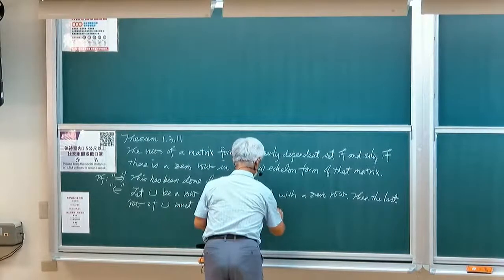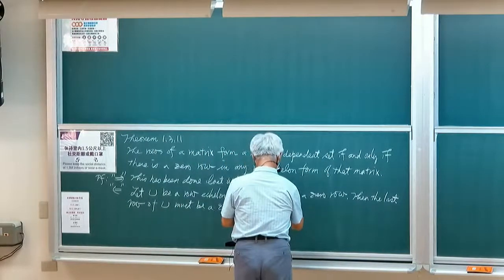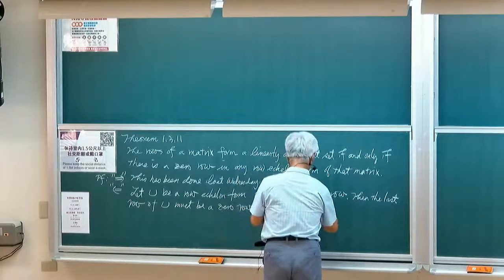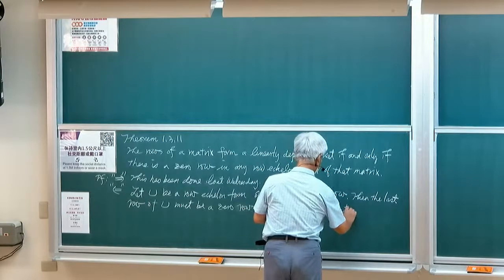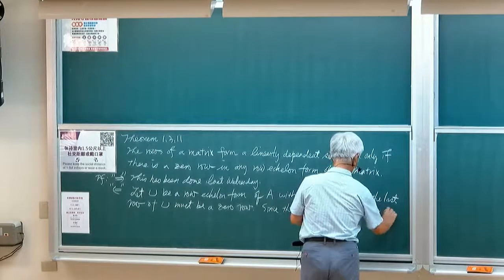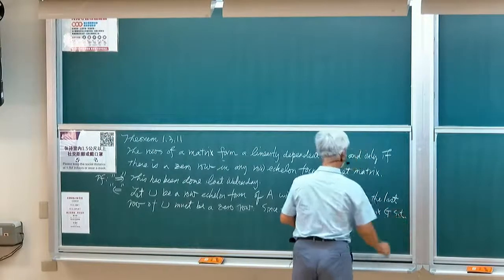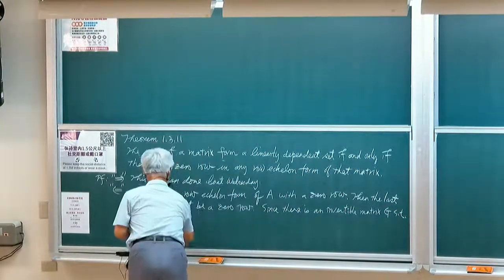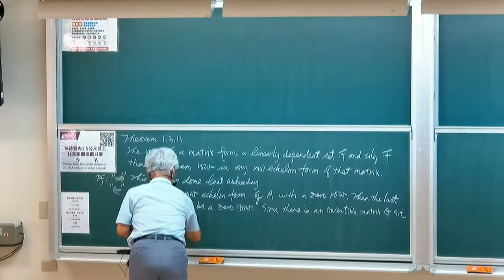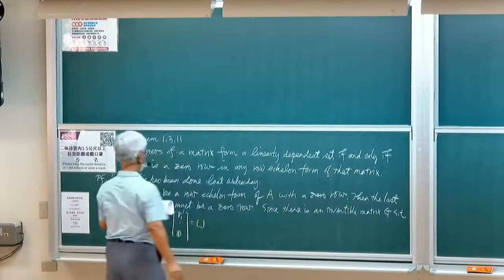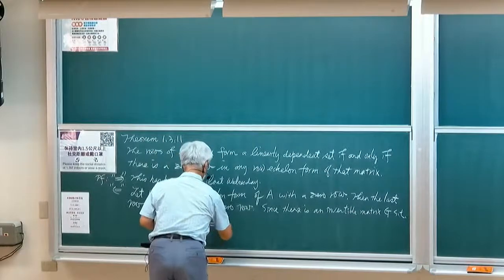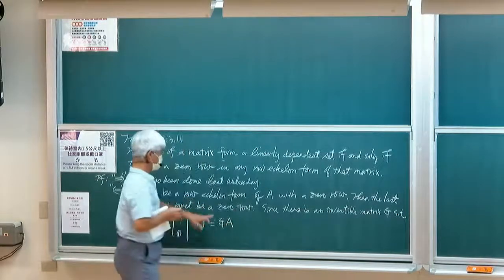Since there is an invertible matrix G such that G times the rows R1 through Rm of A gives U, and U is in row echelon form. And what is G?